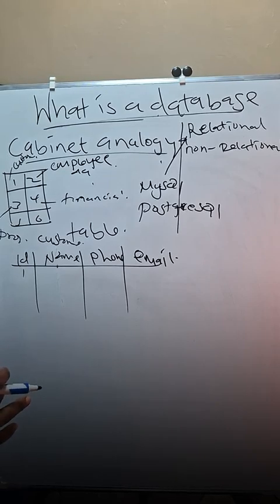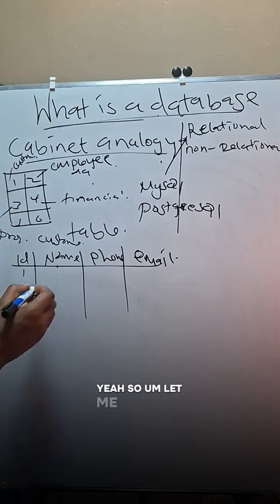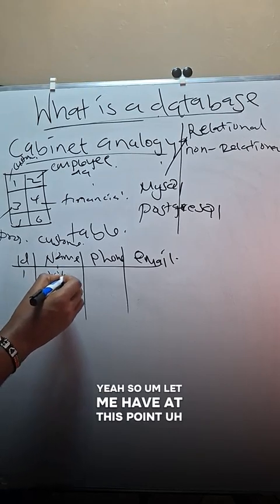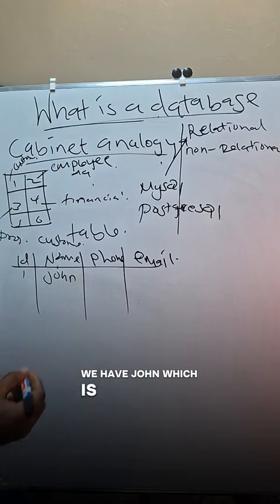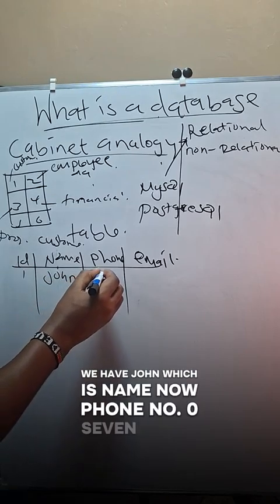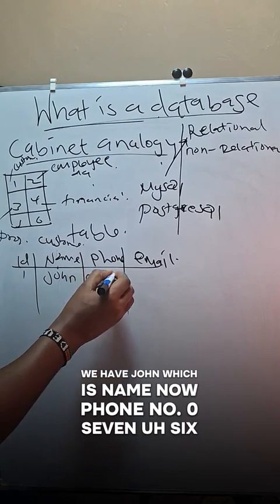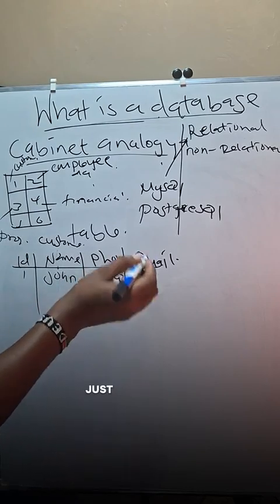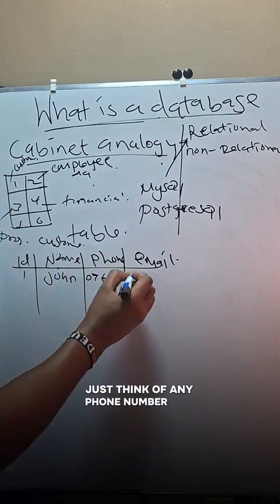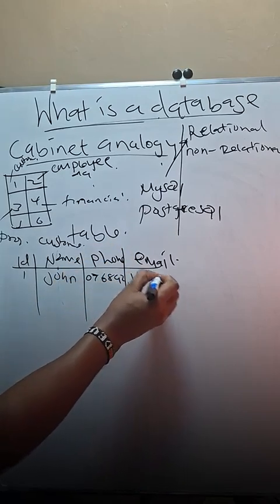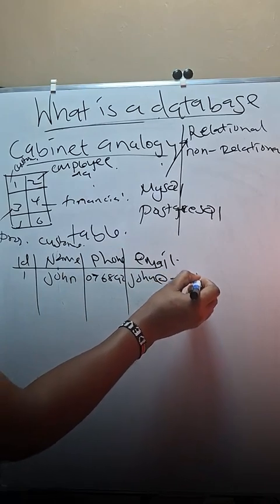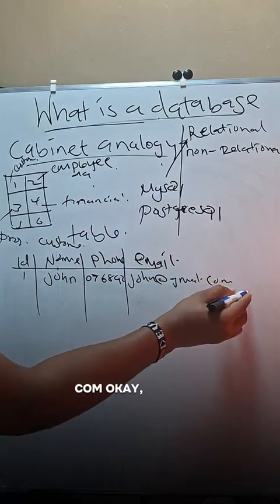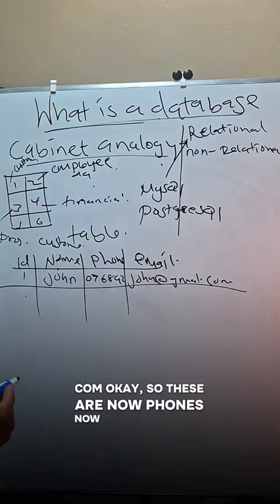So here we have John as the name, phone number 076, just think of any phone number, and the Gmail address. This forms one record.